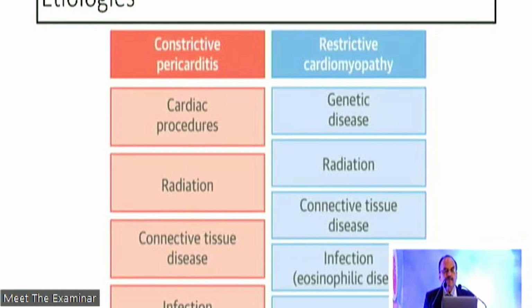Restrictive cardiomyopathies, on the other hand, have a separate genetic group of diseases which cause them. In the rest, the most common is idiopathic. There are specific causes like amyloidosis, and we are aware of conditions like endomyocardial fibrosis and endocardial fibroelastosis.